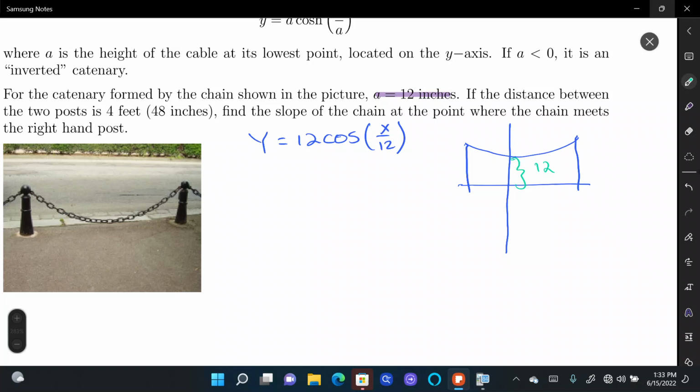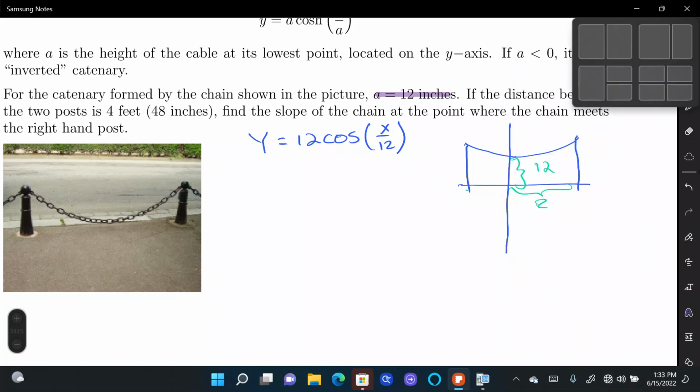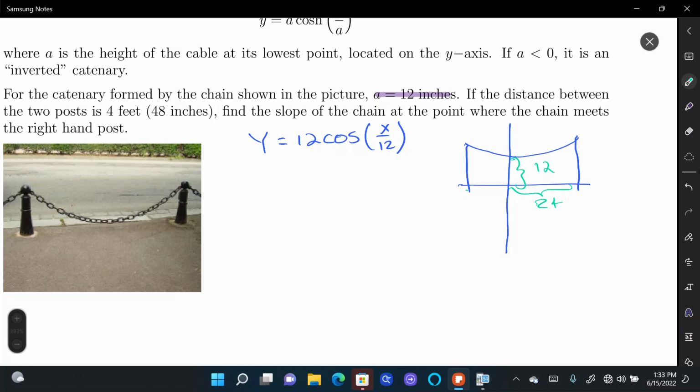So be careful, because that's the distance from post to post. However, from the middle, that's going to be 24 inches.